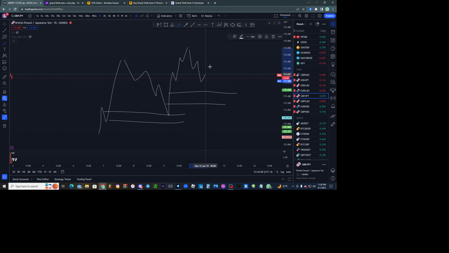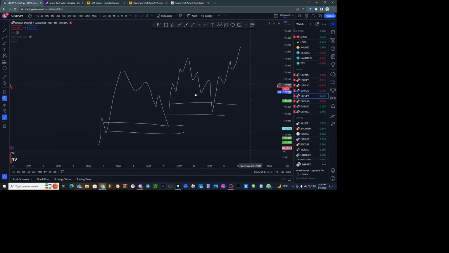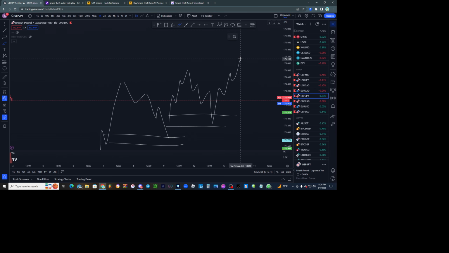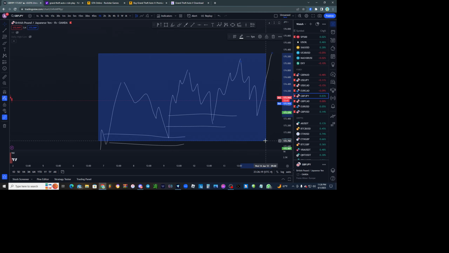Break out three levels, give out confirmation, it could be overextended. Pull back three levels. Break out three levels, just like that. That's all it is. You don't want to complicate it too much.